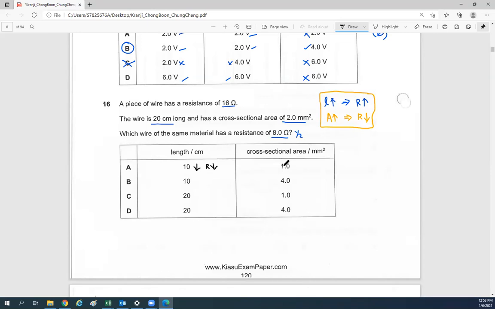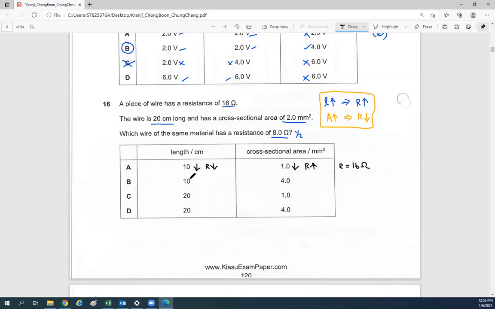But the cross-sectional area decreases by half as well, which means the resistance increases. So taking this into account, the resistance of this one is still 16 ohms, because drop by 2, up by 2, you're back with the original.